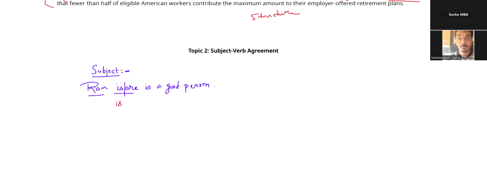If we had Ram and Sham, what should we do? Yes, are. Done. Great. This is plural and really easy.